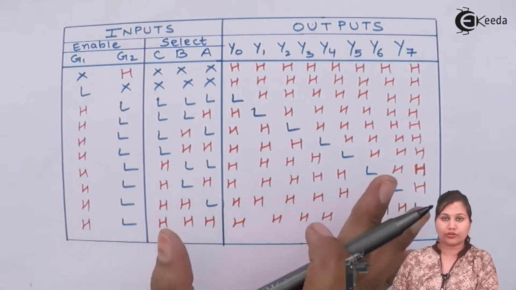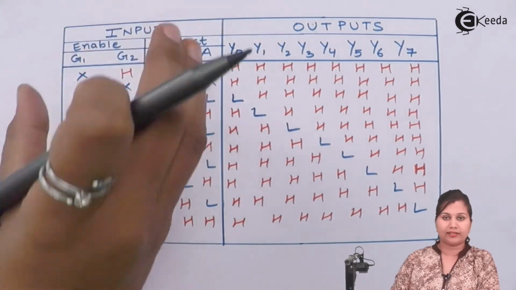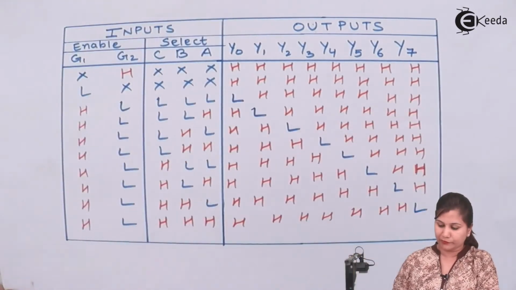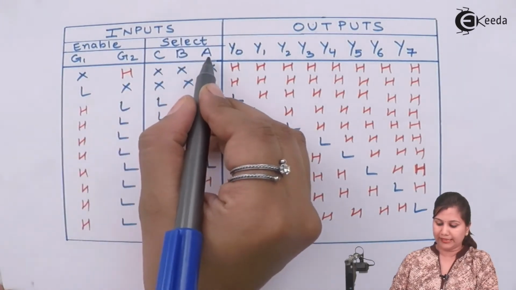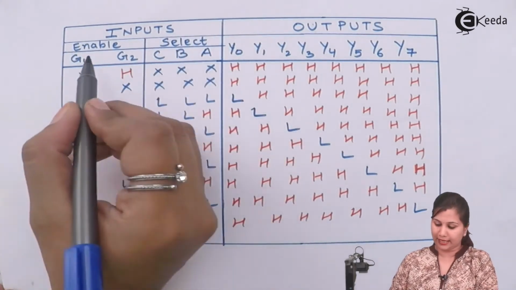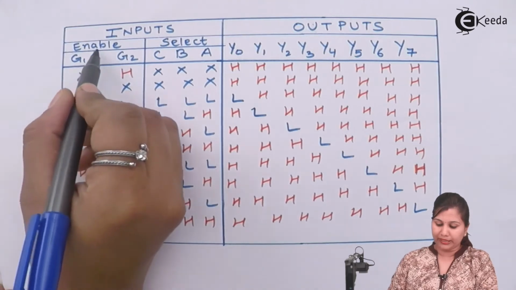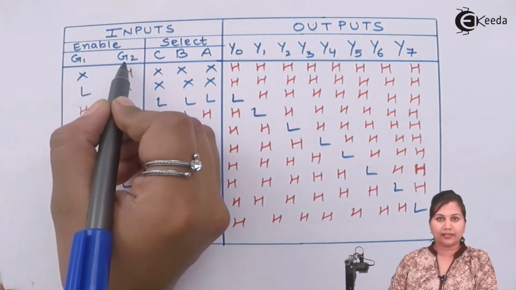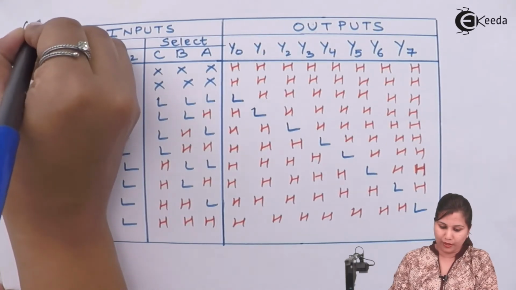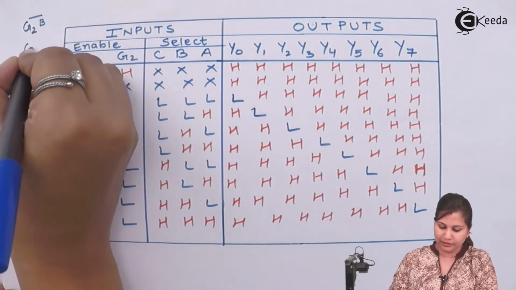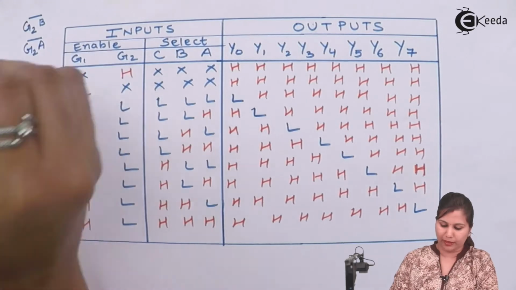Now in this truth table we have two sections. One is for the input and the other is for the output. In the inputs we have the 3 input lines A, B and C, and also the enable lines G1 and G2. Now one enable line is G2B bar and the other is G2A bar.